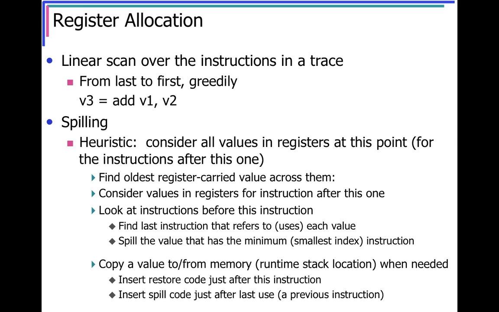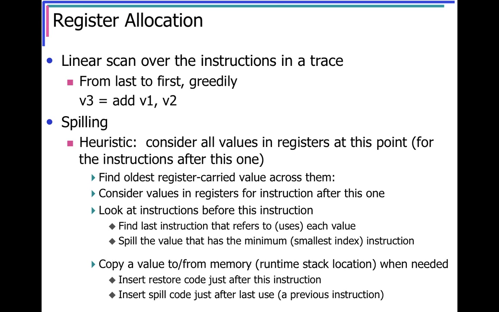That is, we're going to choose the variable to spill that is defined earliest in this method. By doing so, we avoid as many conflicts as possible by spilling a variable that has a long live range.